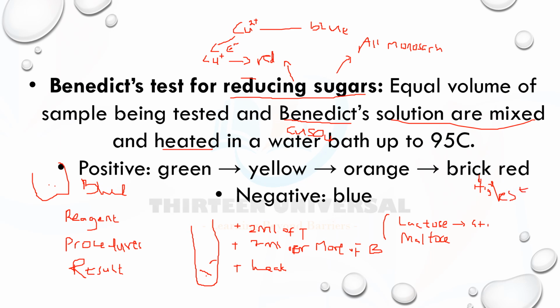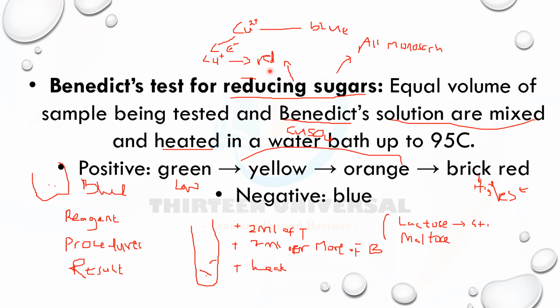Now if it is the lowest concentration, very small, it is green. But if it is moderate, it is between yellow and orange. The Benedict solution has copper 2, which is blue.